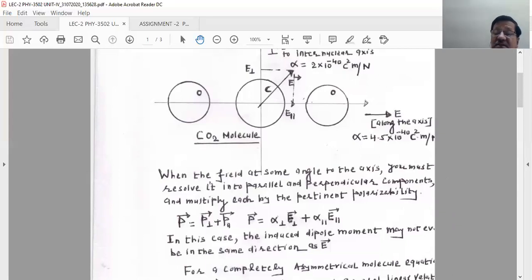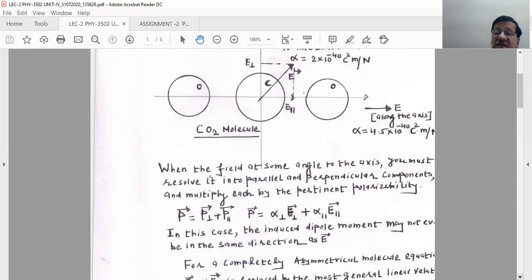Well, friend, this is a very simple case which demonstrates that there are certain directions in the molecule where the molecule is easily polarized.